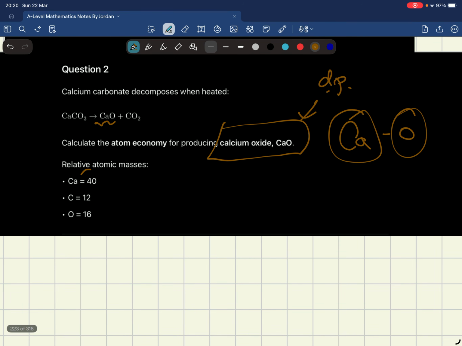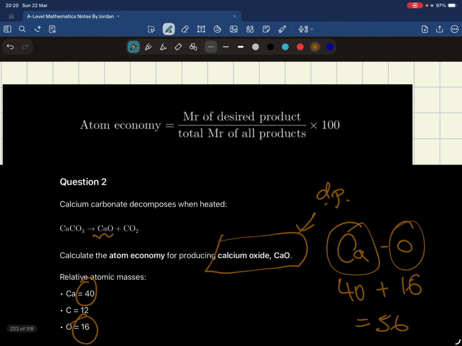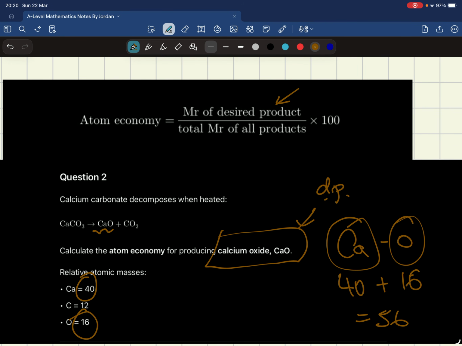You can see calcium is 40 and oxygen is 16. So you've got 40 there, you've got 16 there. Add them up, gives you 56. And so that would be the MR of the desired product, 56.